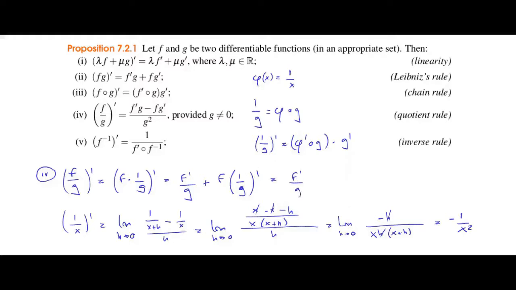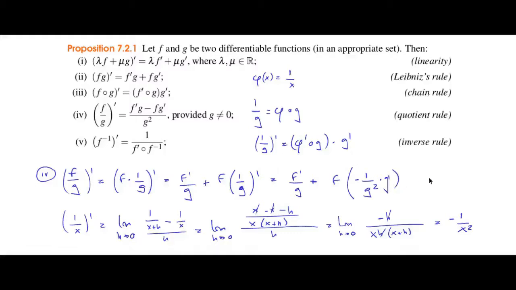So then we can write this as f prime divided by g plus f times the derivative of 1 over g, which is phi prime, the derivative of 1 over x, which is minus 1 over x squared, composed with g, so this is minus 1 over g squared times g prime.